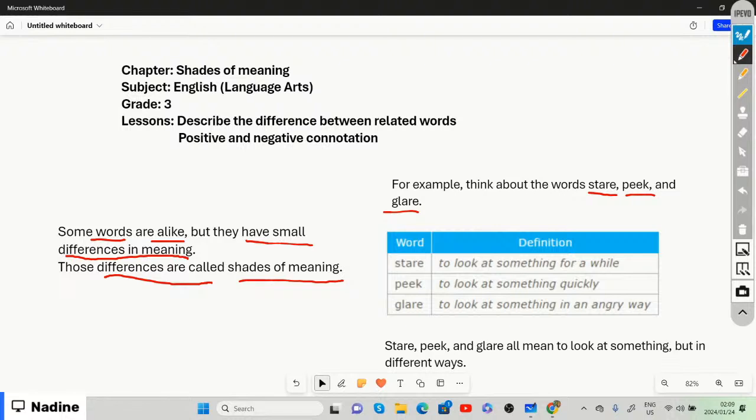So basically, all three of these words, stare, peek, and glare, mean to look at something, but in different ways. Because stare is to look at something for a while, peek is to look at something quickly, and glare is to look at something in an angry way.